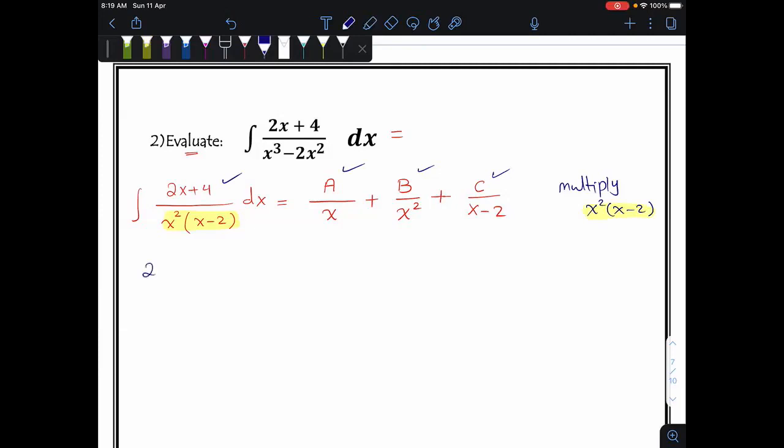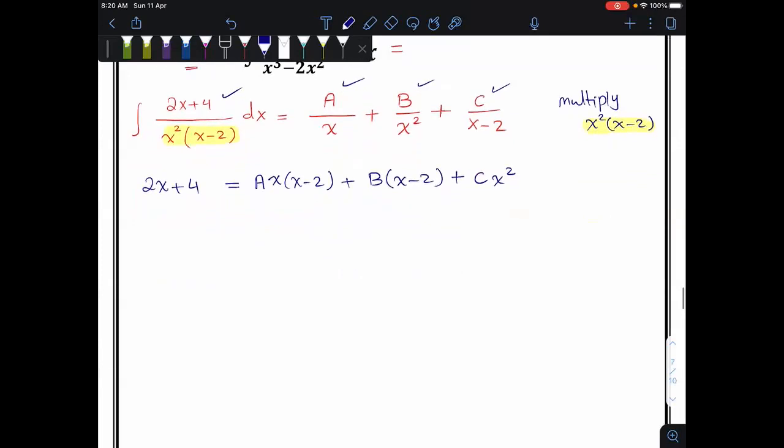The left side leaves behind 2x plus 4, and cancelling the denominators after multiplying by x squared times x minus 2 here gives a into x minus 2 plus b into x minus 2 only, and cancel out the x squared. And now here c into what, guys? X squared only, c x squared.